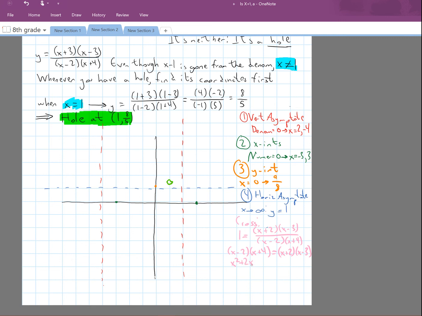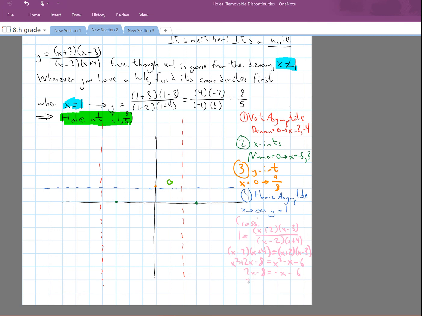x squared plus 2x minus 8 equals x squared minus x minus 6. The x squareds will go away from each side. I'm going to let you guys do this maybe, but I'm running out of space. 2x minus 8 equals negative x minus 6. Well, I'll write it down. I'm not so great at algebra.